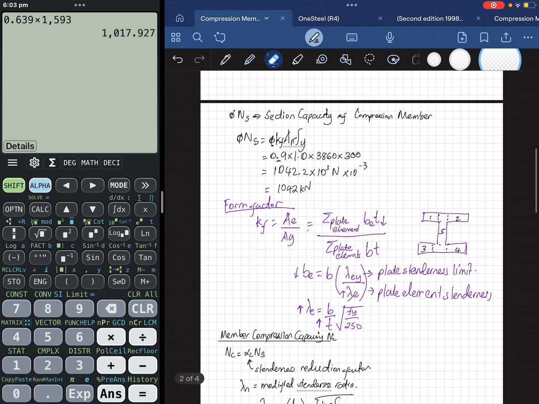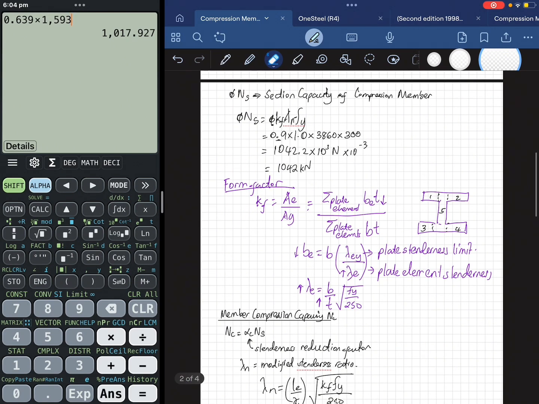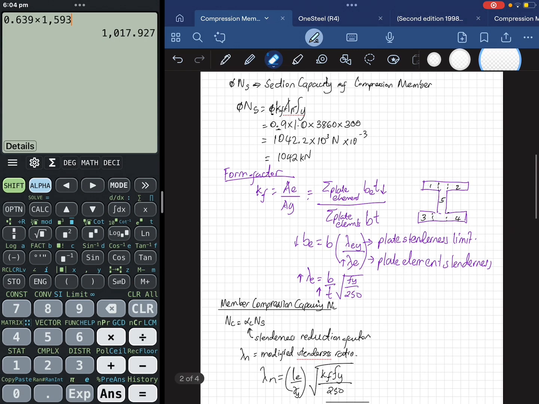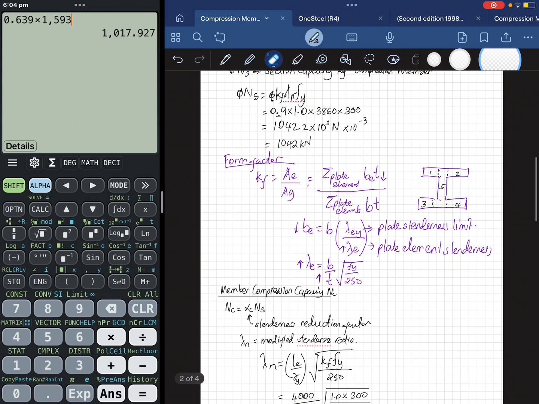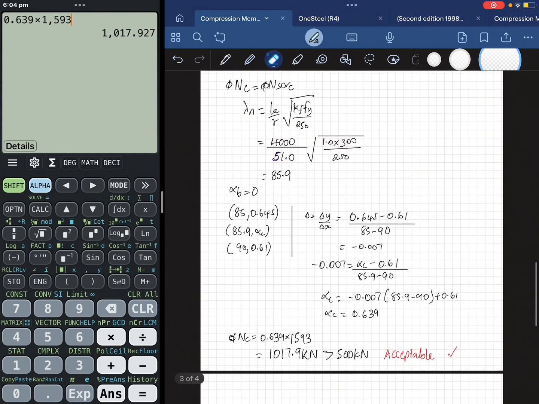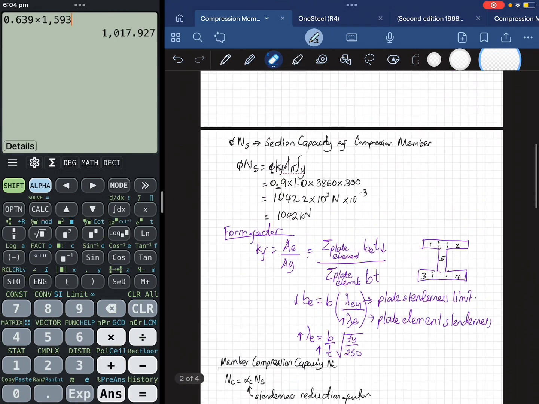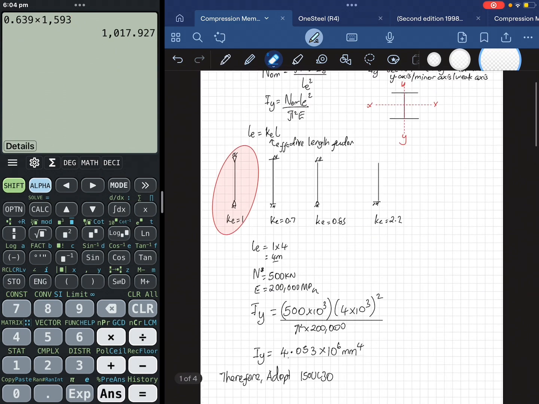Then you calculate your section capacity, which is phi times kf times An times Fy, An being the cross-section area, but if you have bolt holes or something, you have to subtract that. Fy is obviously 300 MPa in our situation, and don't forget the reduction factor 0.9. That's very, very important, you always have to keep that in mind.